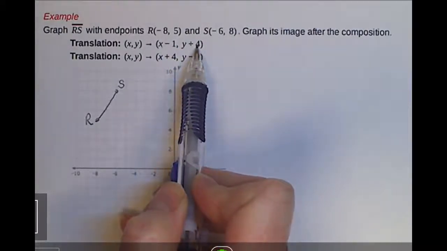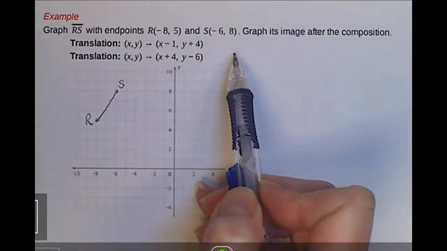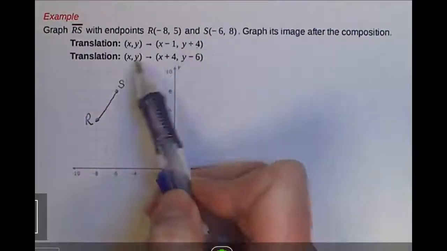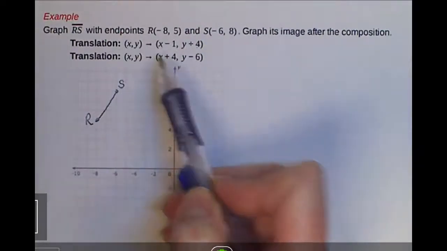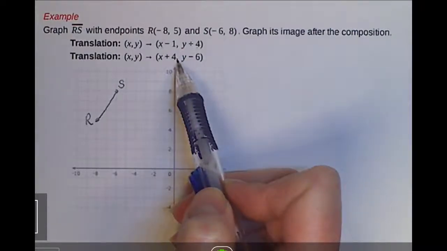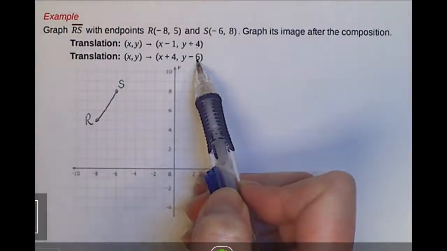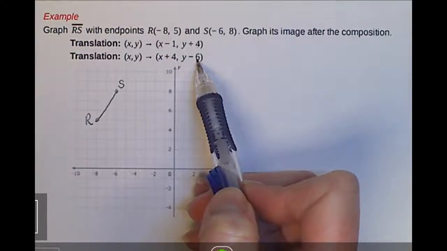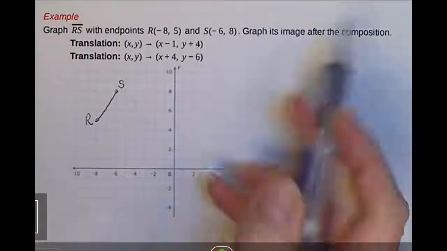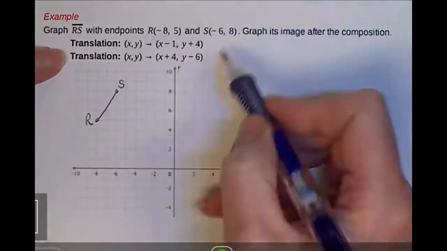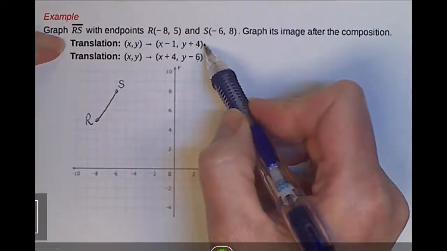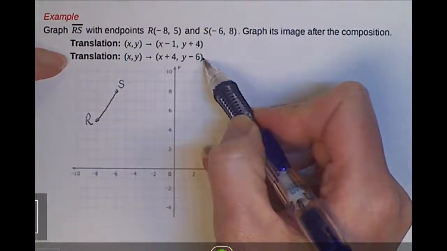That'll get you your new set of points. Then you apply the second rule: add 4 to our X values and subtract 6 from our Y values. And that will give us our final coordinate points. So you always want to go in order. Whatever's on top you do first, whatever's on bottom you do second.